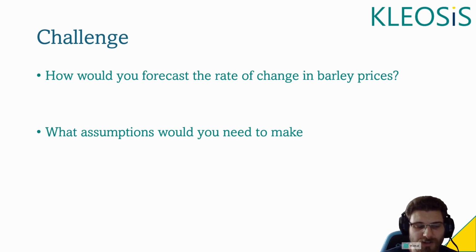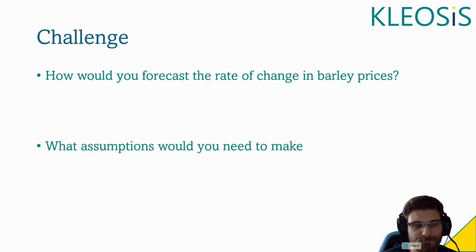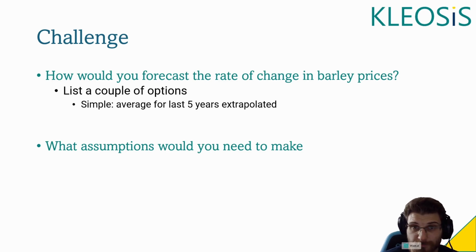And importantly, given your forecasts, what assumptions would you need to make in order to make each of those forecasts reasonable? So for myself, I have 3 ways. They are the simple way, which I've been through at the end of last module and this module, which would be to average the rate of change for the last 5 years and then extrapolate it.